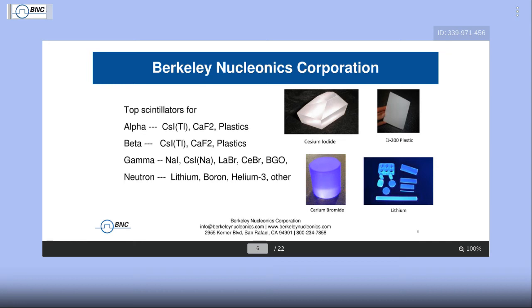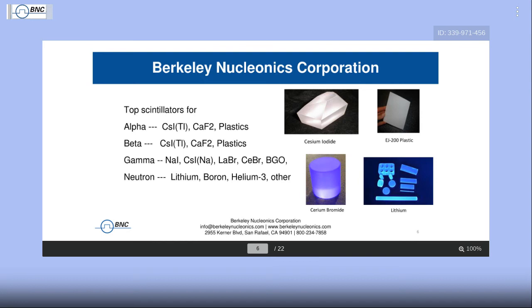Again, very similar: the cesium iodide, thallium doped, the calcium fluoride, and plastics. The alphas and betas typically are going to be very similar in the type of material that you would want to select. Gamma is going to have not so much energy, but a lot more activity.